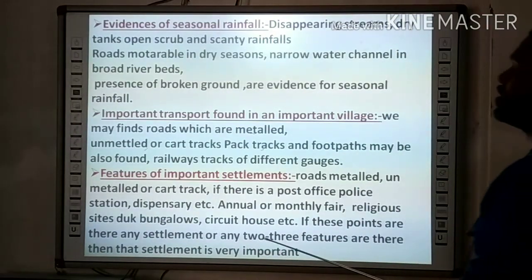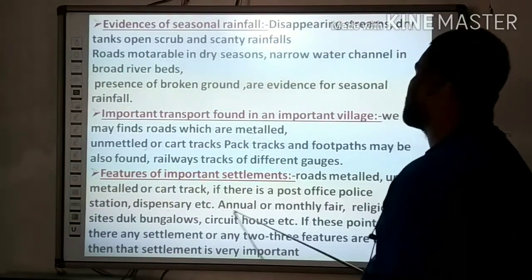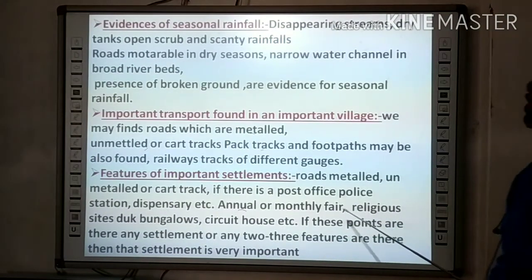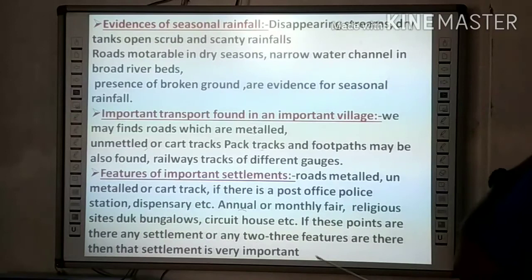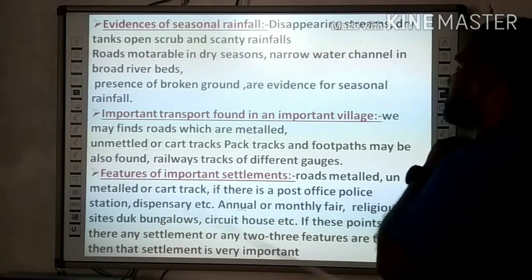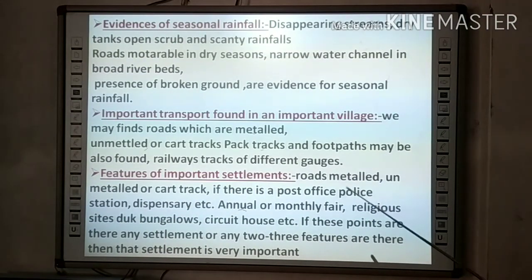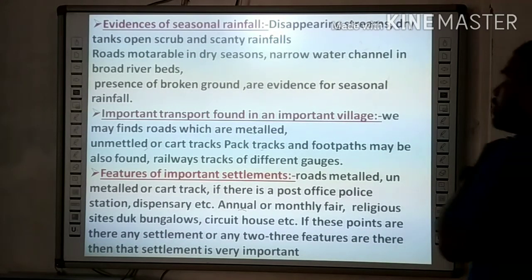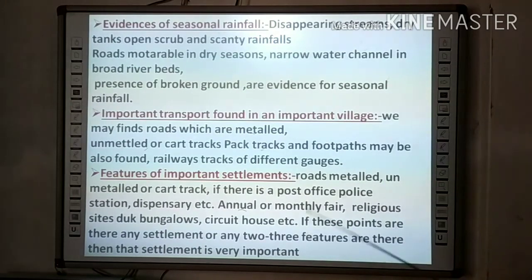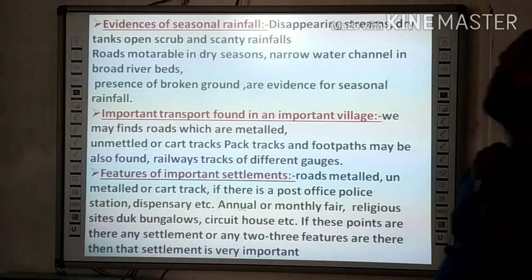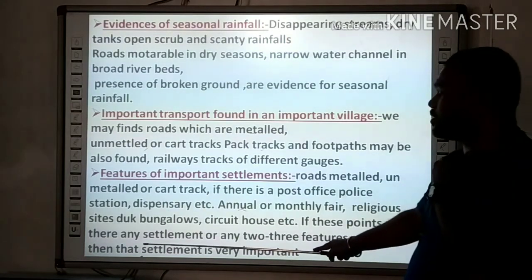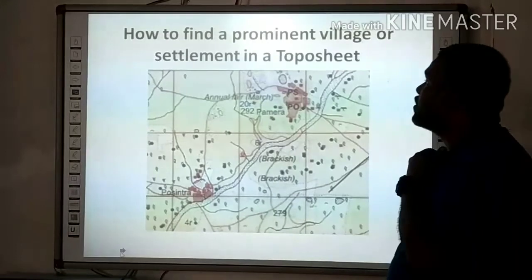There might be a post office, police station, dispensary, etc., or it is written annual or monthly fair, religious sites like churches, temples, bungalows, circuit house, etc. If any two or three of these features are found in a settlement, then that settlement is very important for that area.